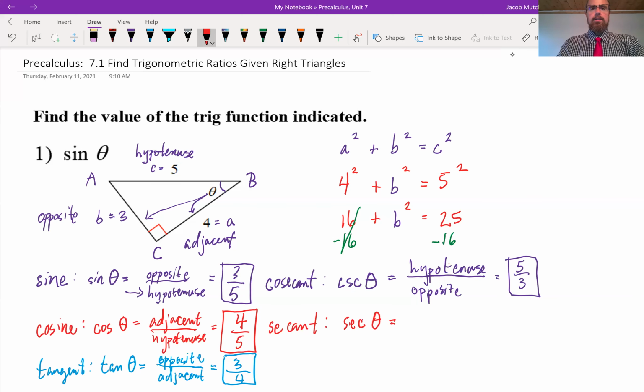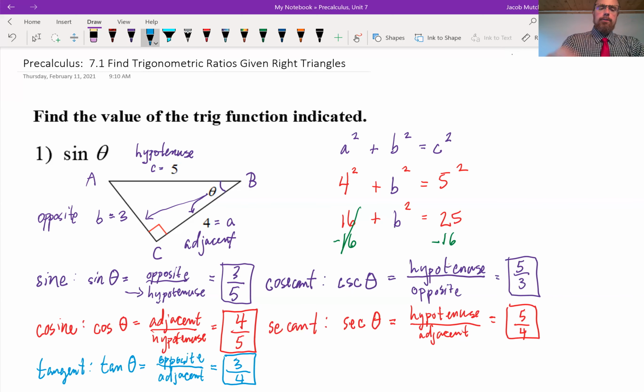And again, it's the same relationship that sine and cosecant share. Secant is the reciprocal of cosine, so it's defined as hypotenuse over adjacent. It's very easy to calculate once we've got cosine's value. If cosine's 4/5, secant is going to be 5/4.